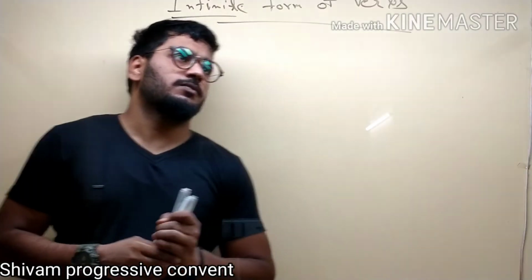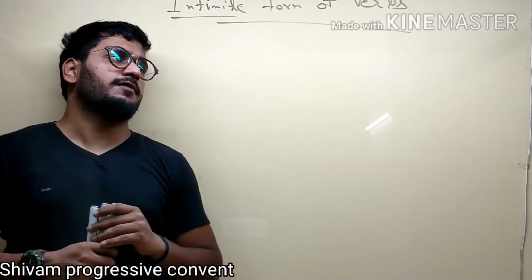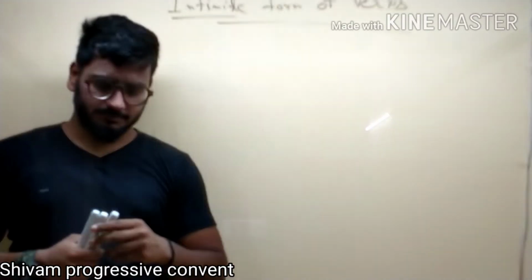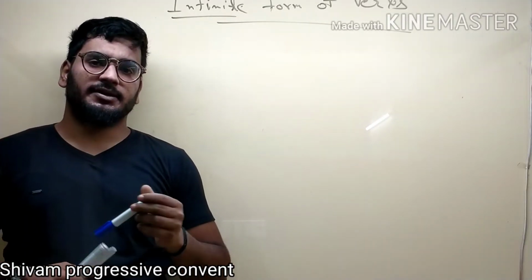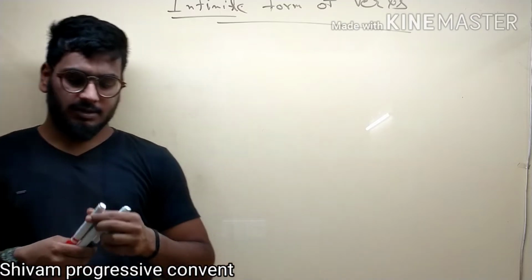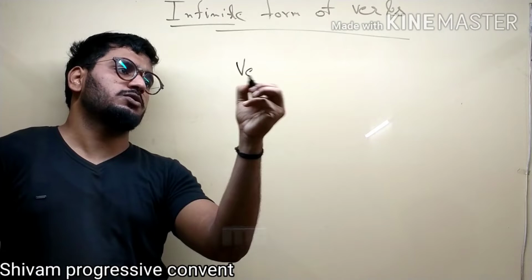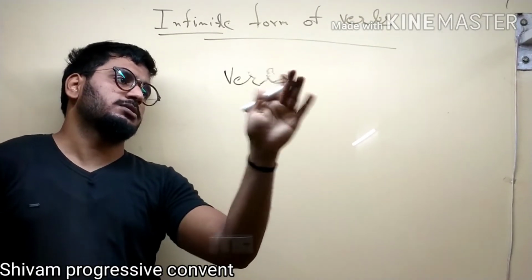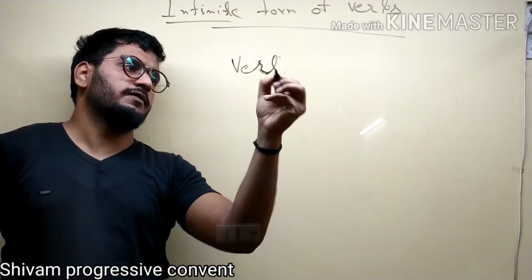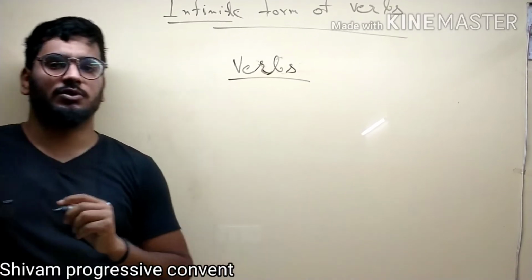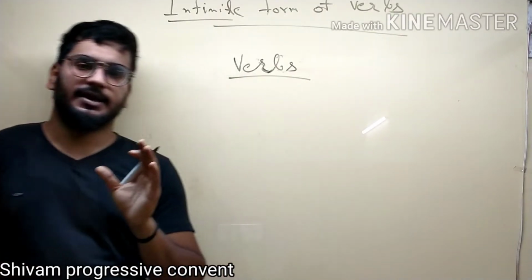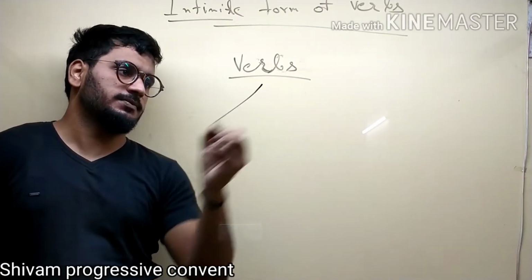So I will start from the basic forms, finite and infinite form. Before starting the chapter, you must know all forms of verbs. Then it will be easy for you to predict the finite and infinite forms.